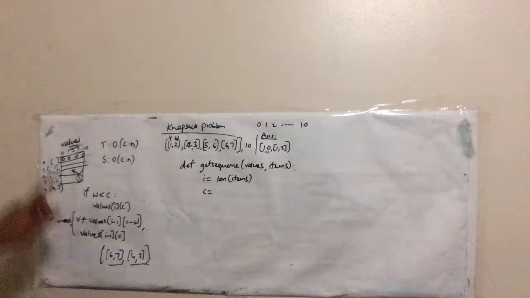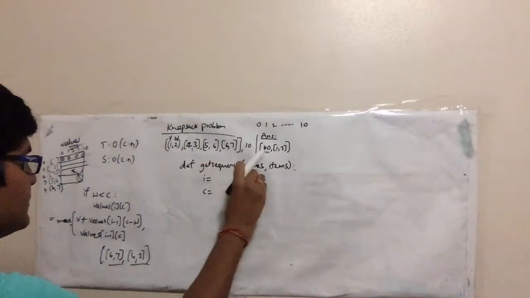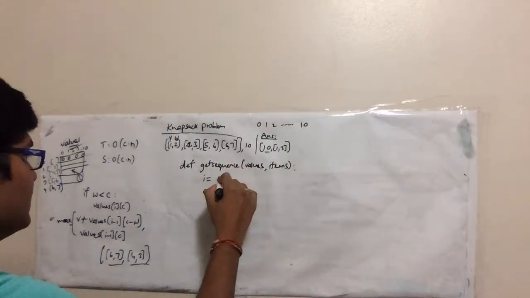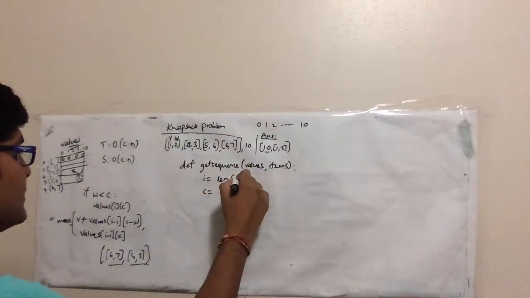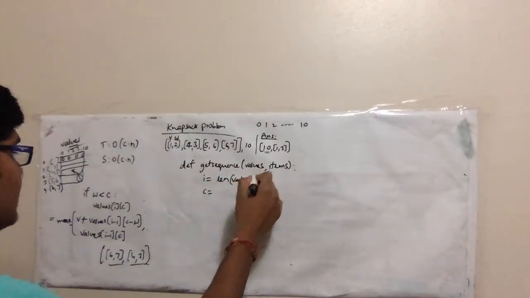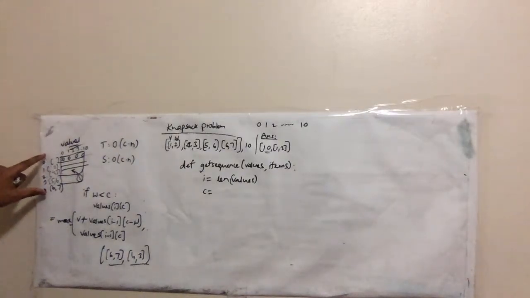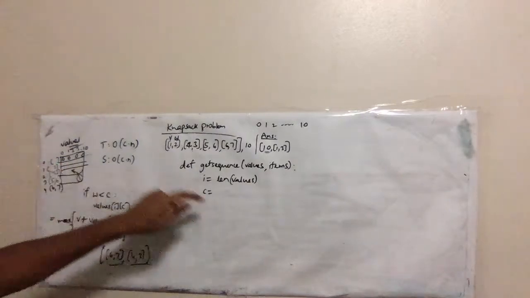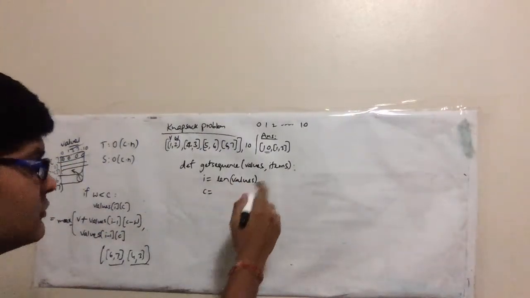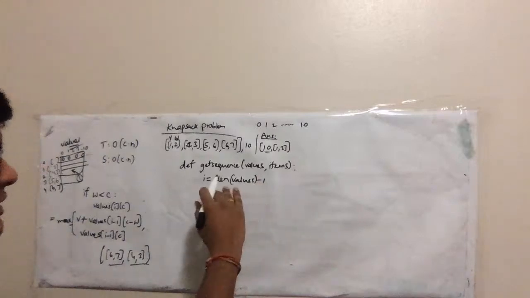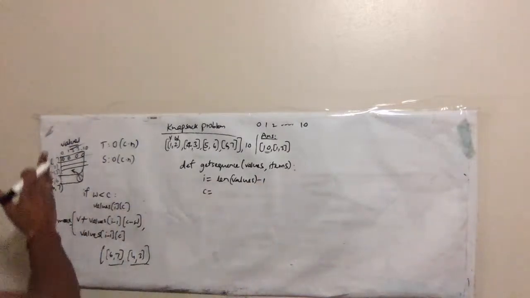So we can just write length of the values, and minus 1, because if there are 5 rows in this, the last row index would be minus 1, just 4. And what is the number of columns?